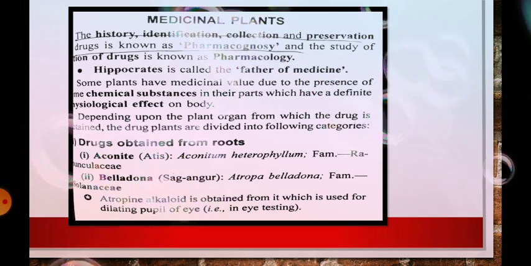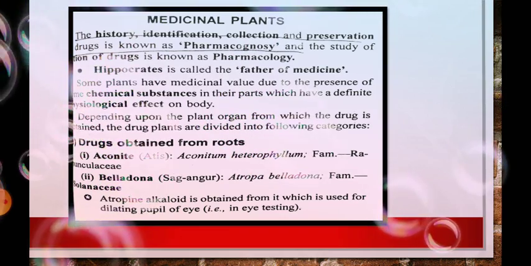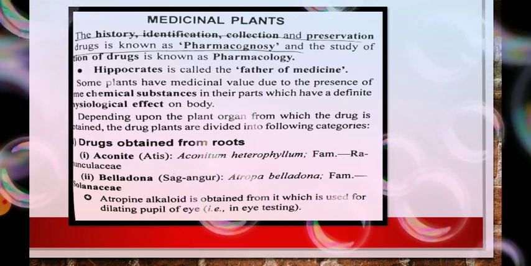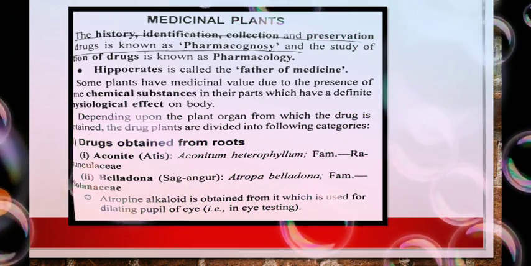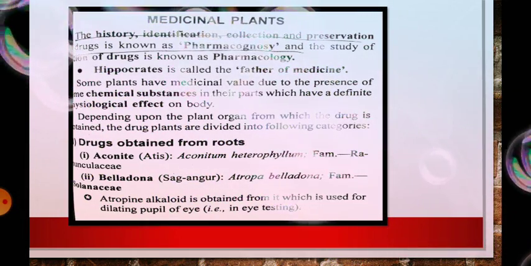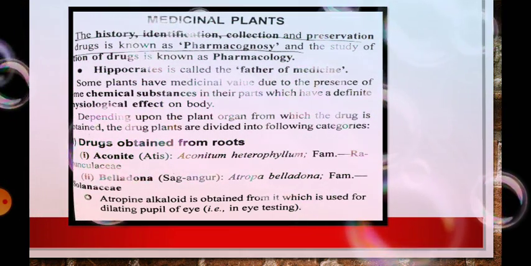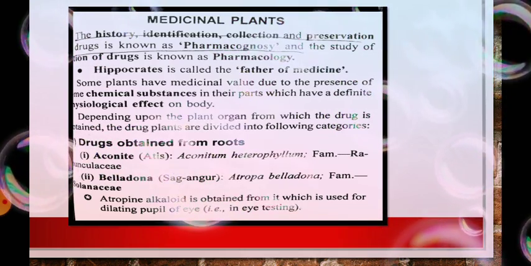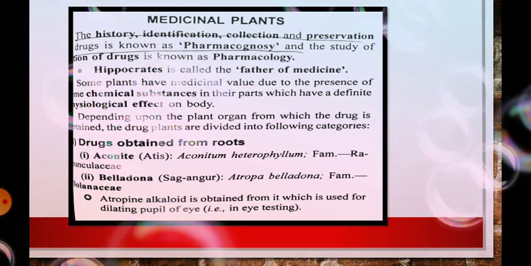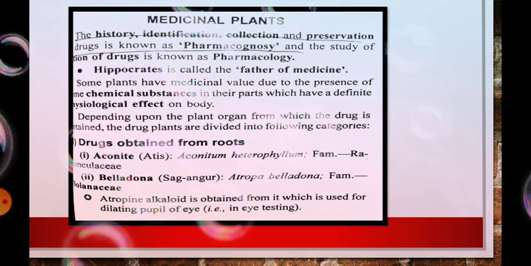Its common name is Atis, and its scientific name is Aconitum heterophyllum, belonging to the family Ranunculaceae. Then the drug belladonna, common name sag angur, scientific name Atropa belladonna, belonging to the family Solanaceae.